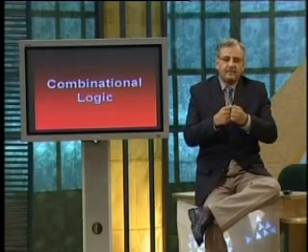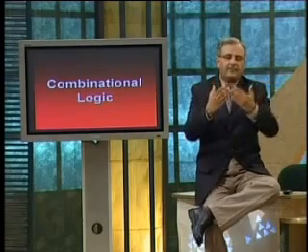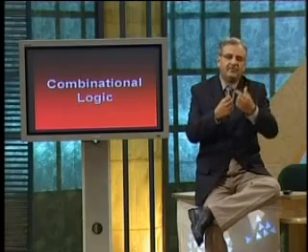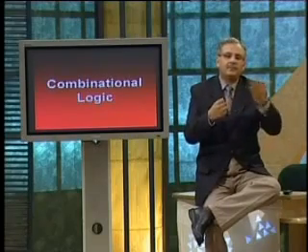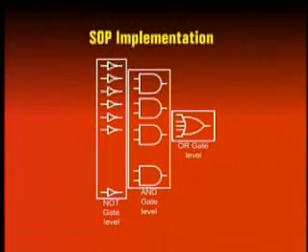Let us have a look at the general architecture of the implementation of sum of product expression, and the implementation of product of sum expression. The diagram shows the general architecture of the sum of product implementation. Sum of product expression is implemented by the AND OR combination of gates.